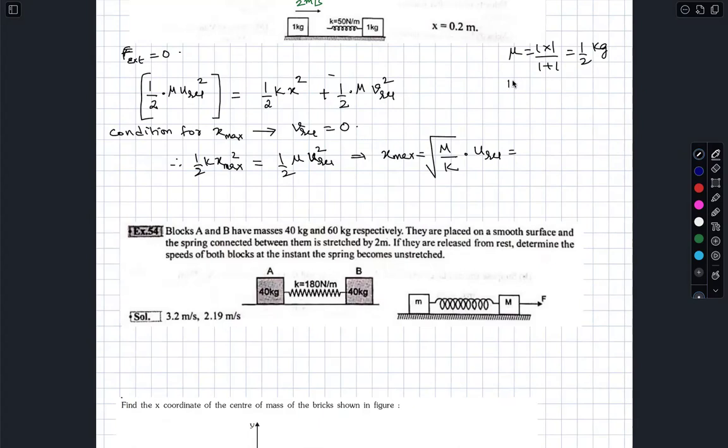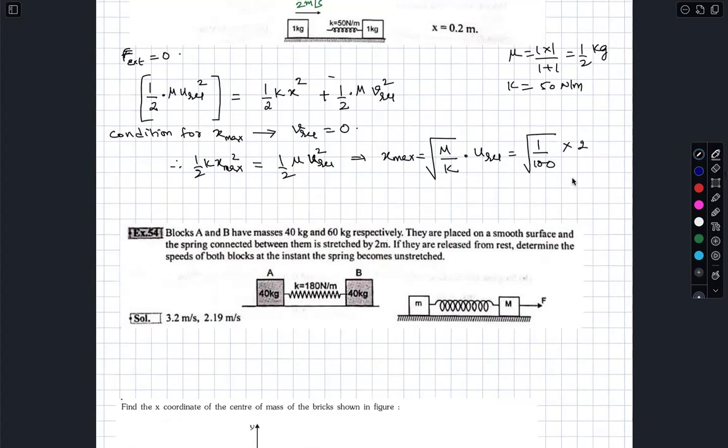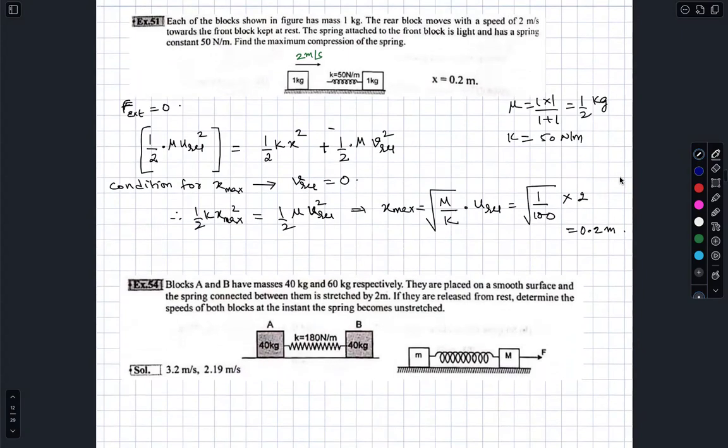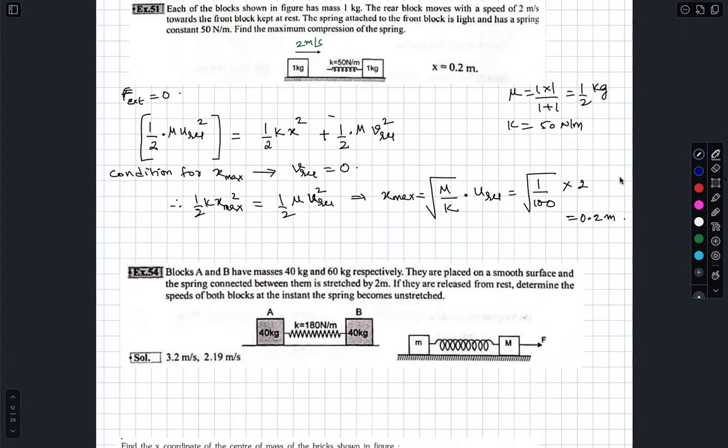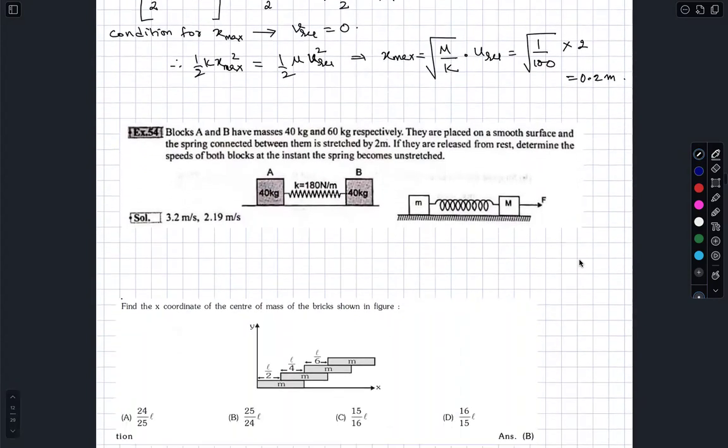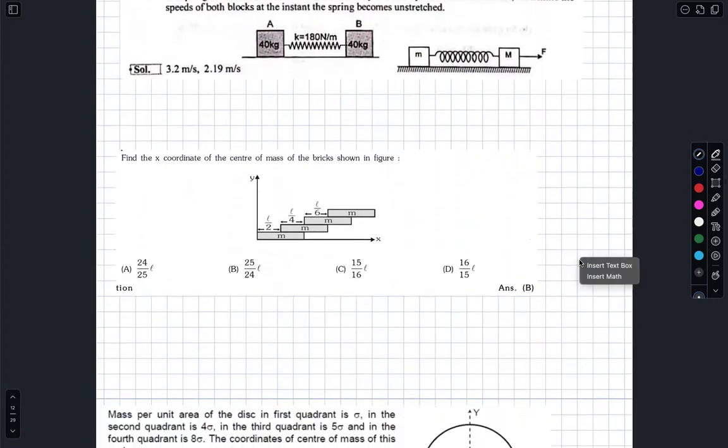What is k? 15 Newton per meter. So this will become 1 by 100 times 2, and this will become 0.2 meter. Any doubts? Boys, any doubts on this? No. Right. The next question is also on the basis of the same.